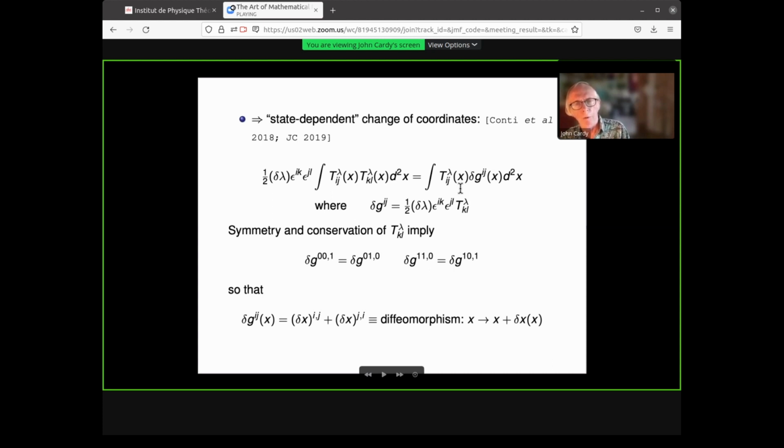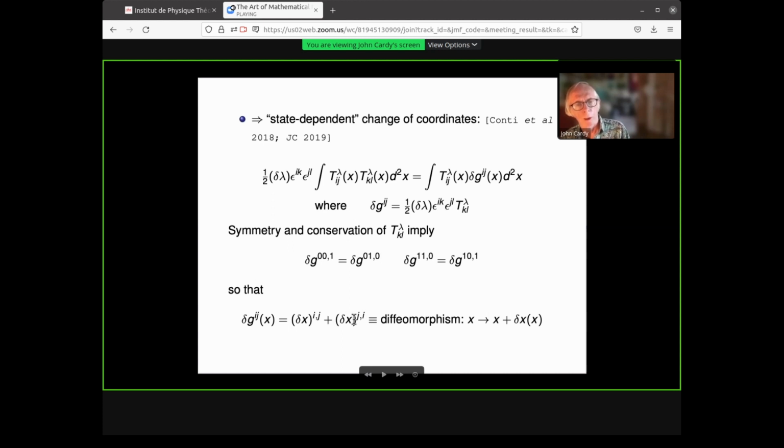So if we at least proceed in a formal way, if we make an identification like this, then if we use the symmetry and the conservation of the stress tensor here and write that out explicitly, it means that we can write this change in the metric as though it were coming from a change of coordinates.